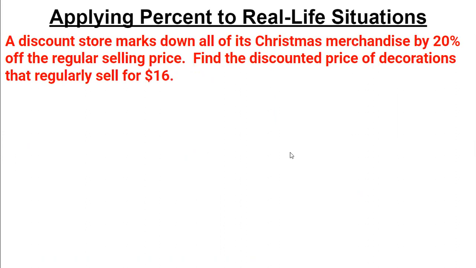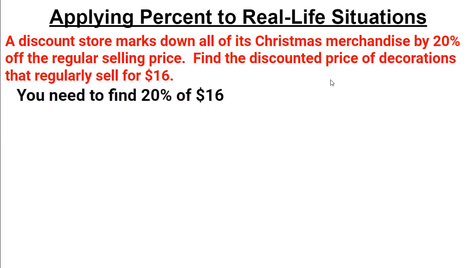You're going to use this a lot as a buyer. You're going to go to the store after Christmas and you're going to want to buy all your wrapping paper and Christmas stuff at a discount. You're going to want to know, how much am I going to pay?